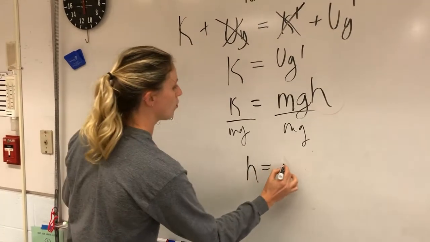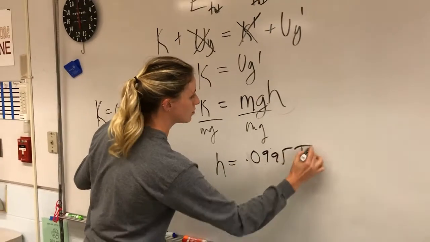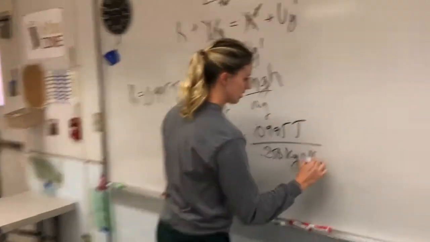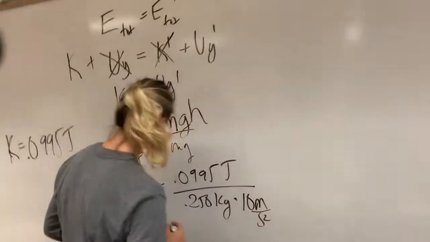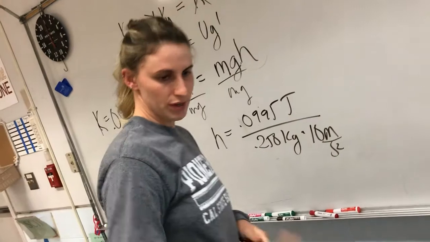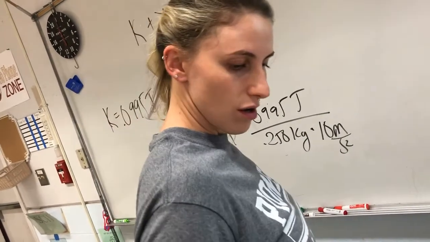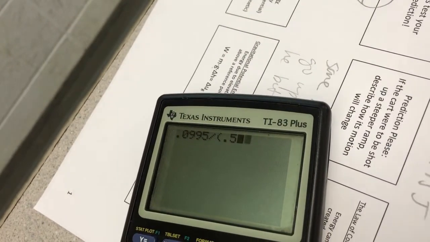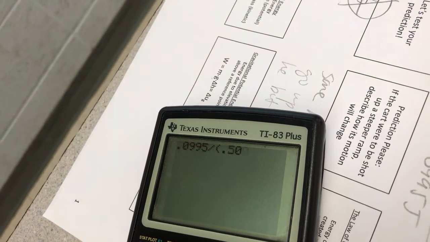Kinetic energy was 0.0995 joules divided by the mass of the cart, which is 0.250 kilograms, times 10 for gravity. And no negative, because we're working up, moving up against the force of gravity. 0.0995 divided by, I'm going to put the bottom in parentheses, 0.250 times 10.